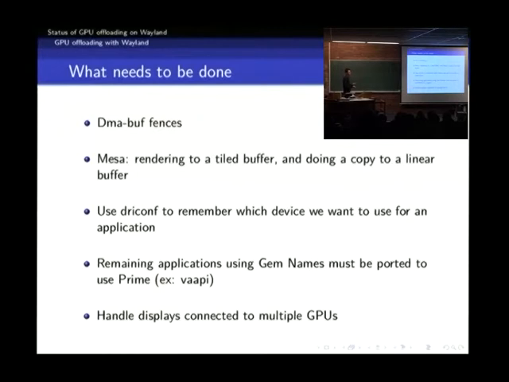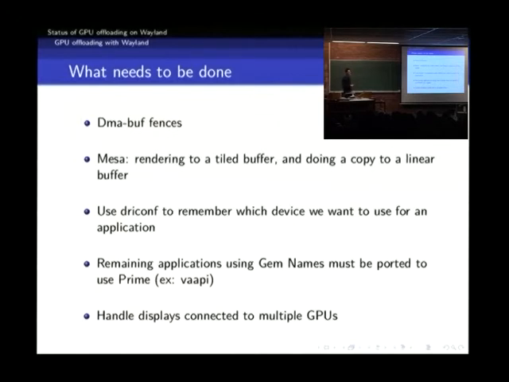Also, instead of using DRI_PRIME to indicate what device we want to use for a program, we don't want to use scripts, so ideally we want something automatic, where I would say I want this program to always use device A, for example. And DRI conf, which is already used to customize the parameters of the graphic cards for several programs, can be used for that. So there has been some work on it, but it's not finished.